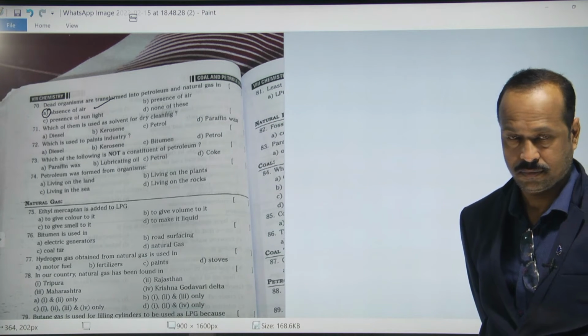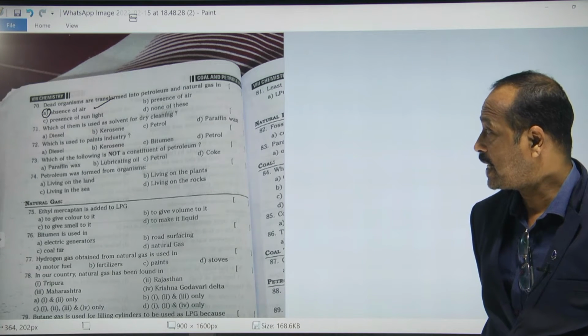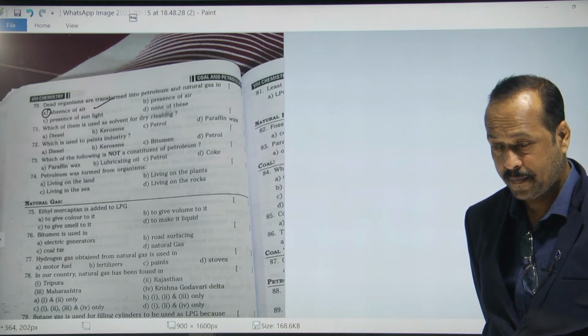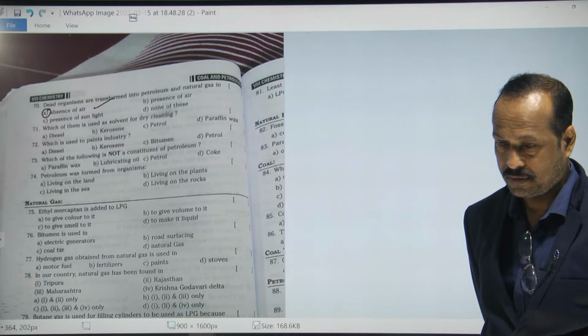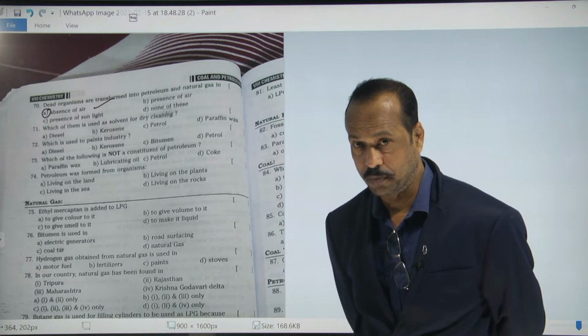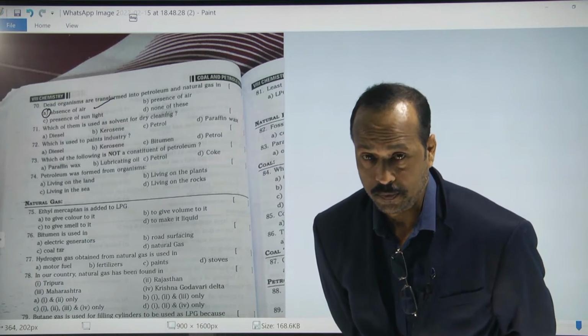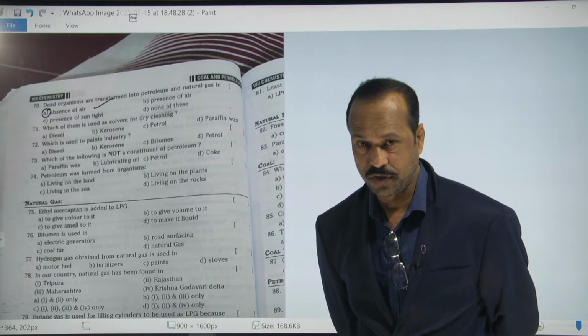Which of them is used as a solvent for dry cleaning? I explained dry cleaning. Sometimes we don't wash the clothes. I gave you the example: silk cloth, pattu saree. They don't wash with water.